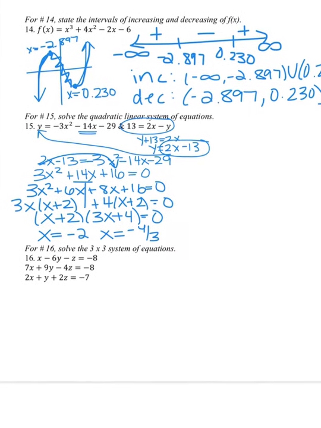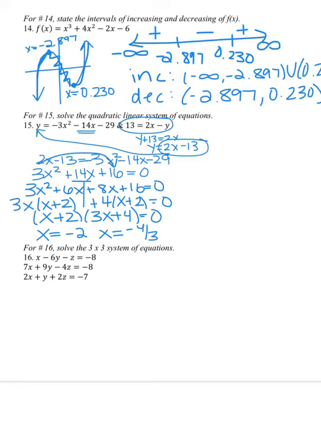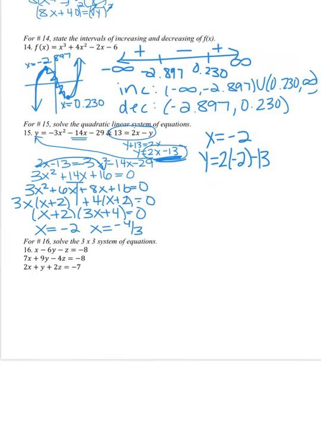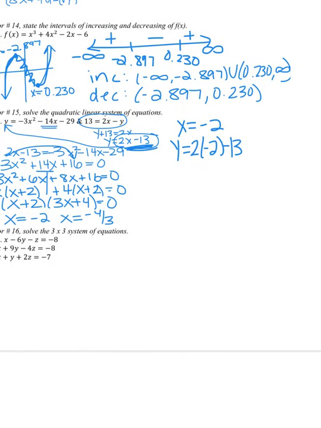The question, though, wants the answer to the system, so I have to then find the y values. So if x equals negative 2, y is equal to, from right here, 2x minus 13, which gives me negative 17. So this one is negative 2, comma, negative 17.